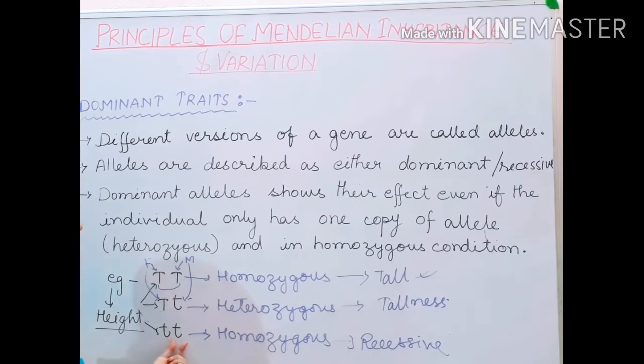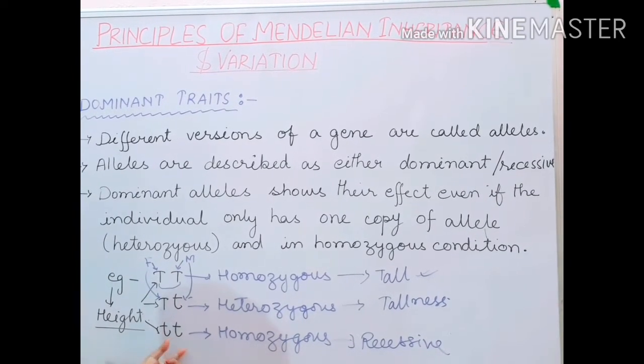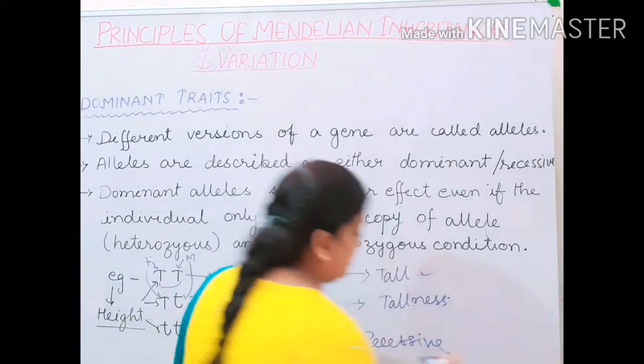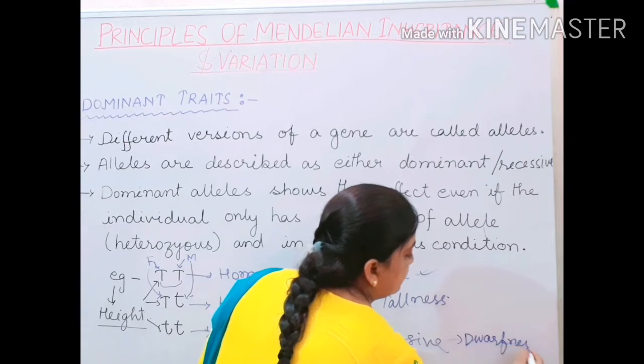Here the condition is homozygous, but the genes are of the recessive type. So the character which will be formed will be dwarfness. So height will be short.